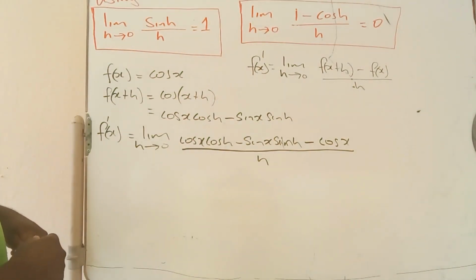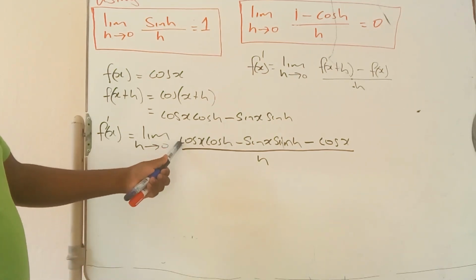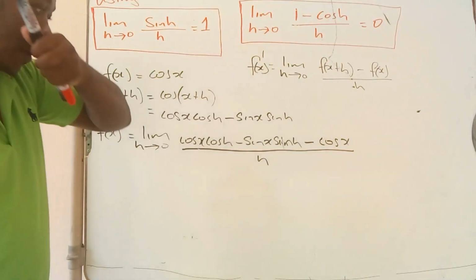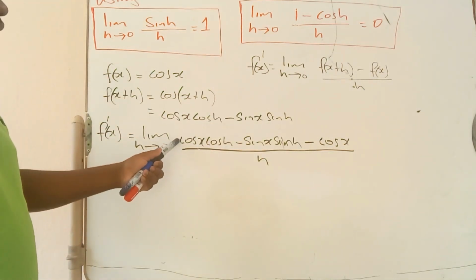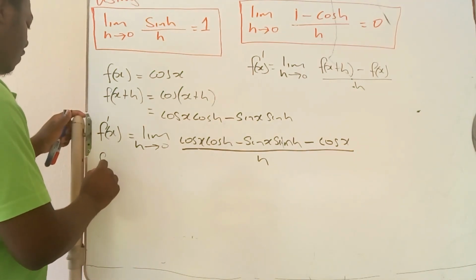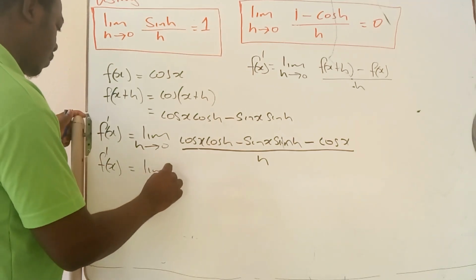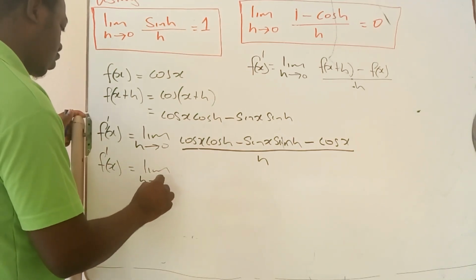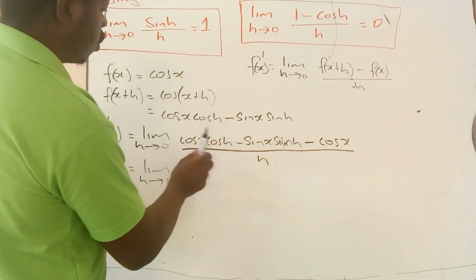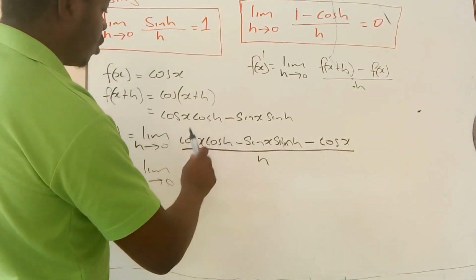Is there anything common here? Yes, there is something common. We have a cos x here, we have a cos h, we have a cos x over there. So we can factor out a cos x, right? Now, we know that the derivative of f of x is equal to the limit as h approaches 0. Because my board is small, I'm just going to go ahead and factor out cos x without rewriting the problem.